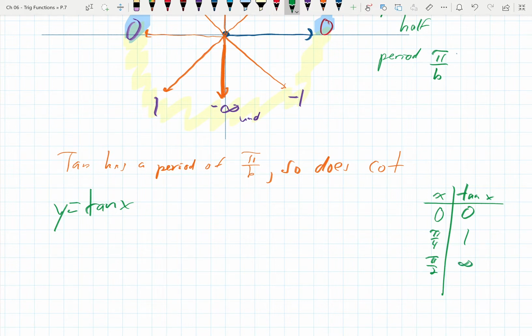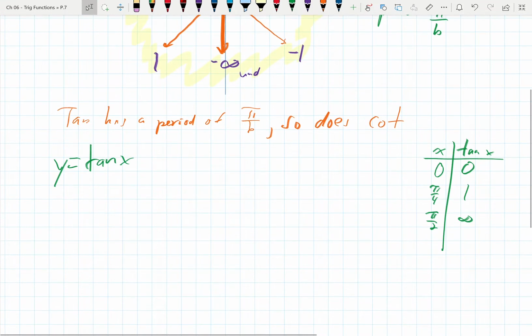Either way, you're going to put the same vertical asymptote. Then 3 pi over 4, -1, pi, 0. Those will be our basic points for one complete cycle of tangent.